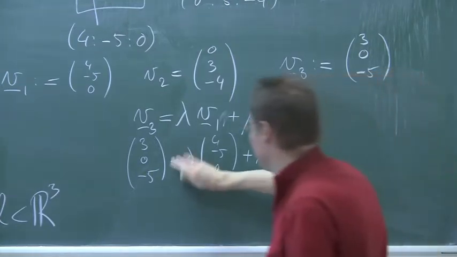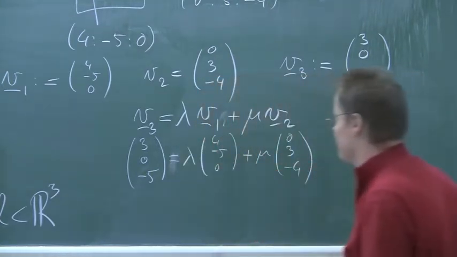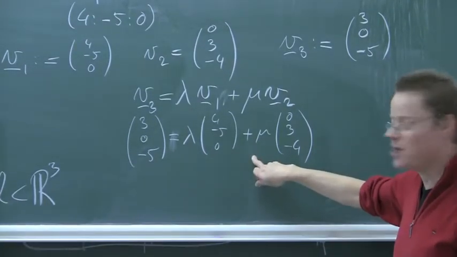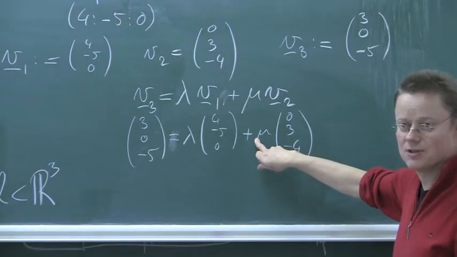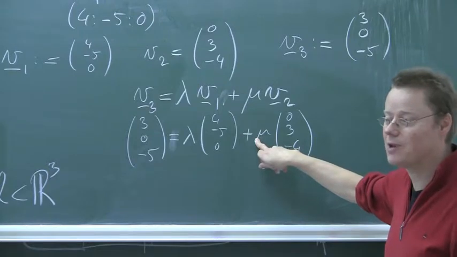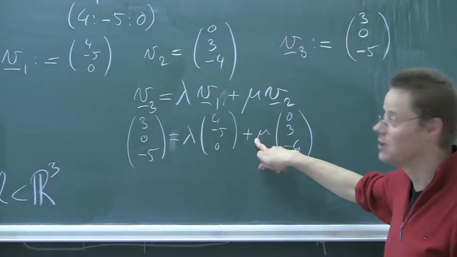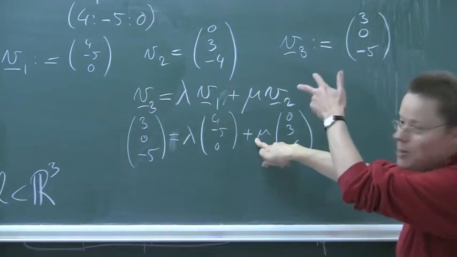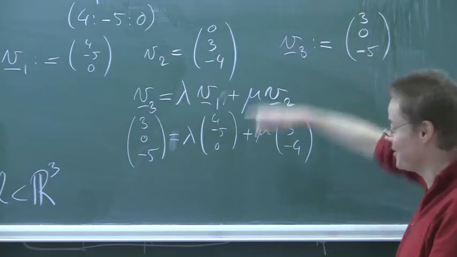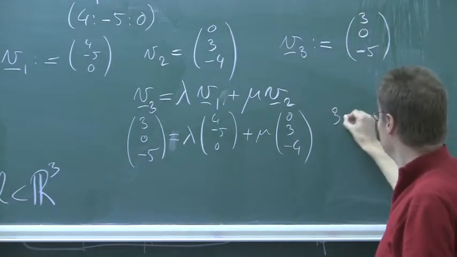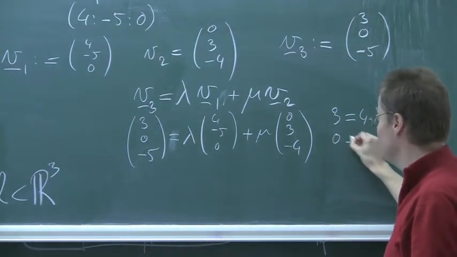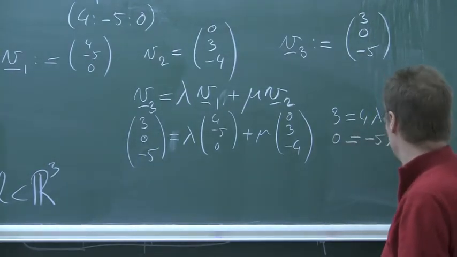It looks bad because we seem to have 3 equations in 2 unknowns. So you would expect, why do they have a solution? Because the 3 points are not arbitrary, they are on a line. So if we haven't made a mistake up there, it should be okay. We have this equation 3 = 4 lambda. That's easy. And we have 0 = -5 lambda + 3 mu.